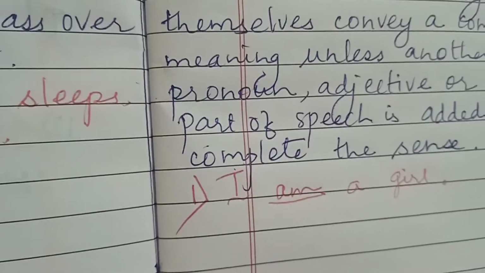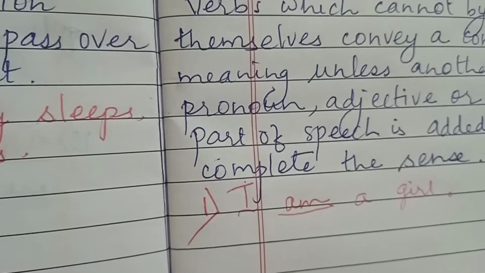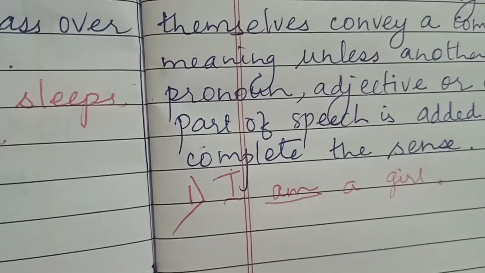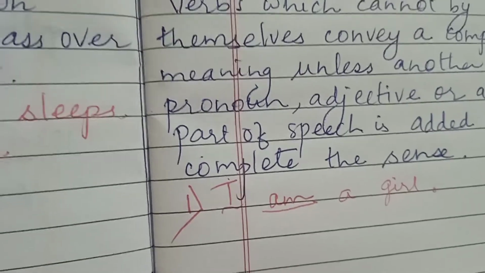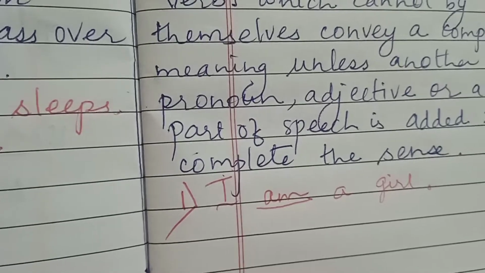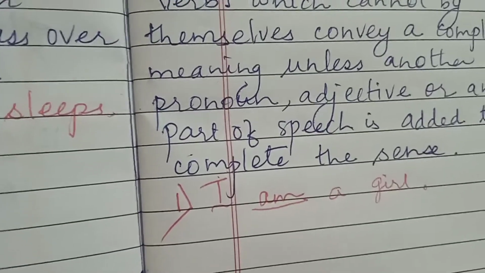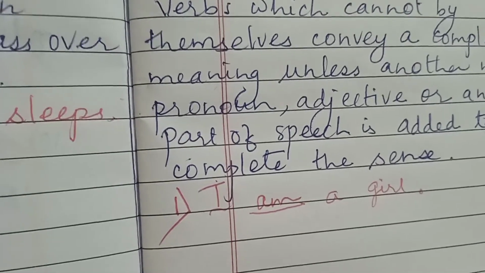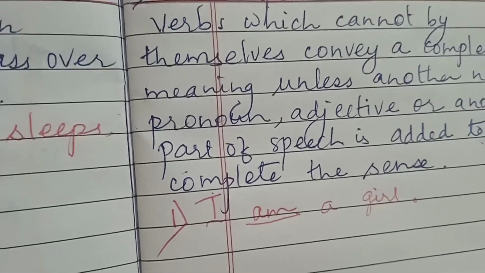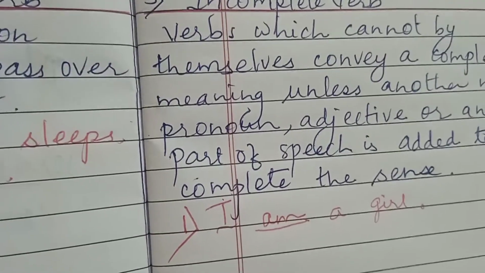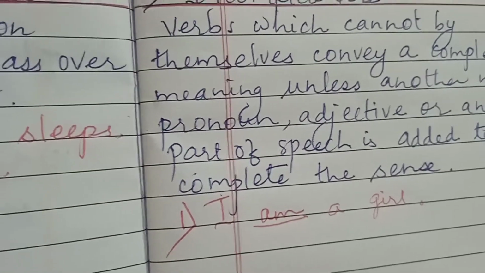I am a girl, or I am a boy. So this type of verbs which cannot have meaning by themselves, but require another noun or a pronoun or an adjective to complete its meaning, are called incomplete verbs.